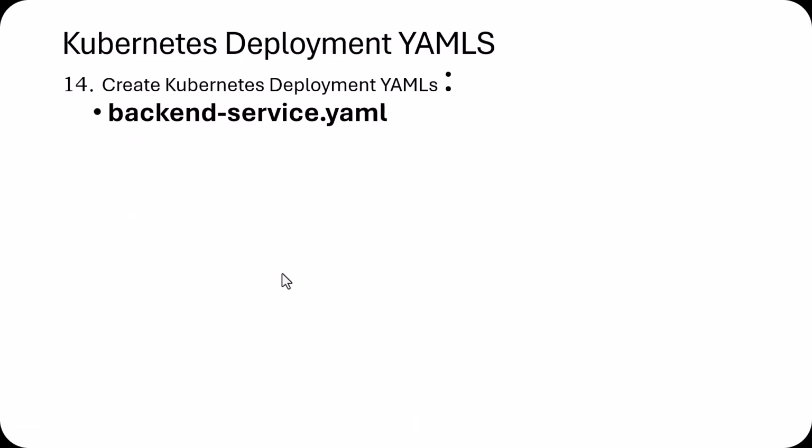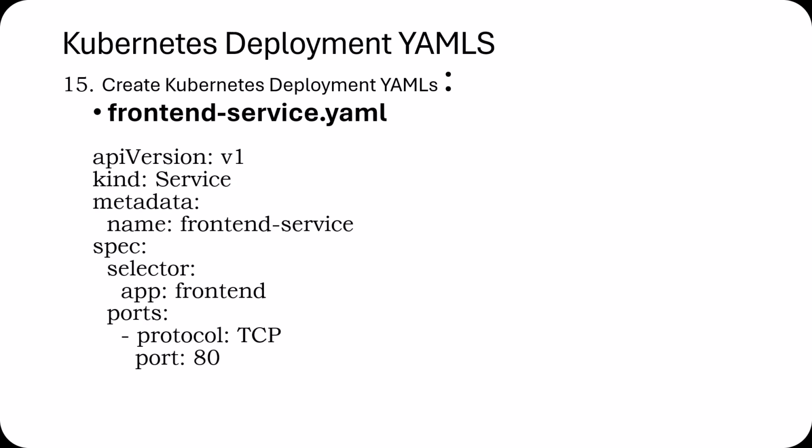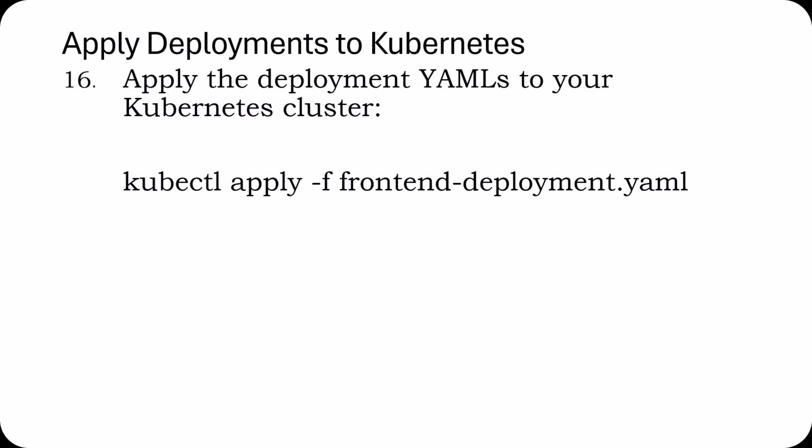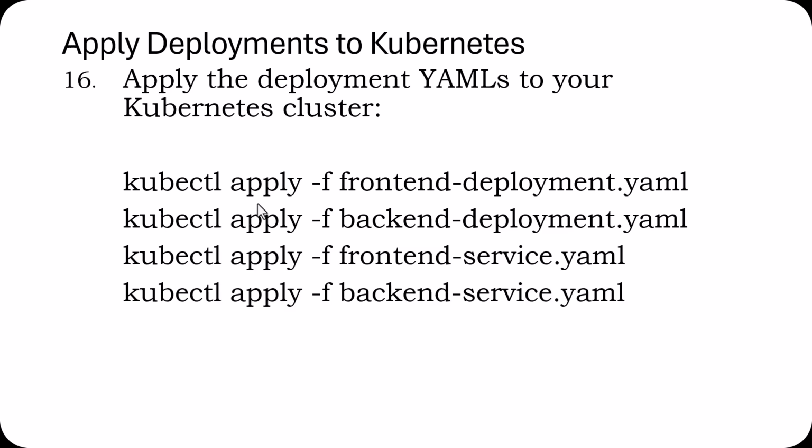Yep. Done with the frontend, you have done the backend service. Now the frontend service also you have created. Now we'll apply these with kubectl, using these files: frontend-deployment.yaml, then backend-deployment.yaml, and then frontend-service.yaml and backend-service.yaml.